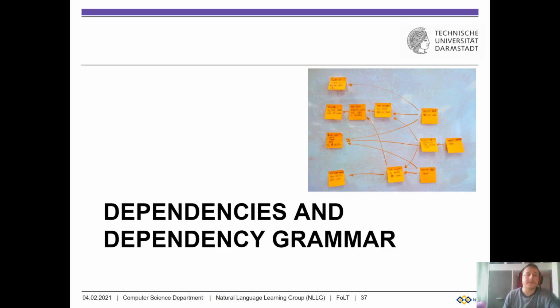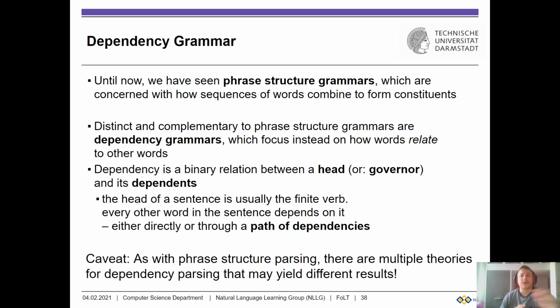Okay, because besides phrase structure or constituency structure, there is one other very popular grammar formalism, and this is called dependency grammar. So, in phrase structure grammars, we have words combine into higher level constituents.